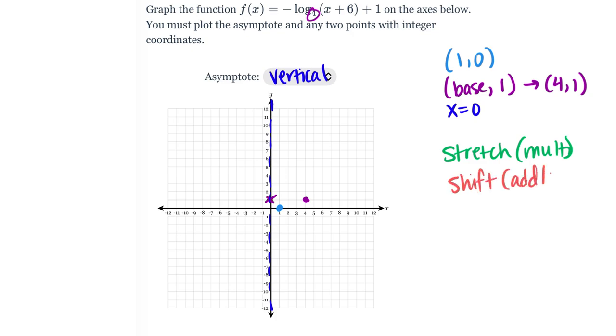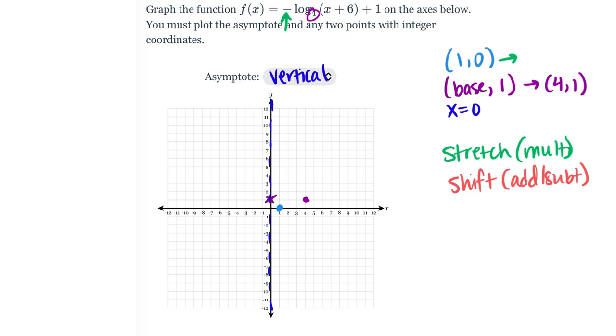And these rules are the same as exponents. So if we're going to stretch, we'll multiply that number by the y values. And then if we're going to shift, we'll add to the y values and or the x values, depending on what direction we're shifting. So in this case, our multiplier, our stretch, is just this -1.